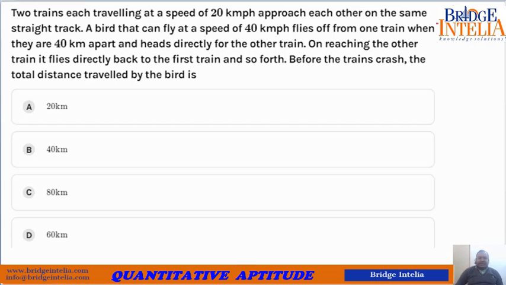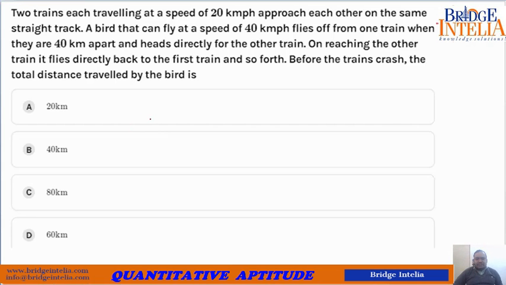A bird that can fly at a speed of 40 kilometers per hour flies off from one train when they are 40 kilometers apart and heads directly for another train. On reaching the other train, it flies directly back to the first train, and so on and so forth. So before the trains crash, the total distance traveled by the bird is equal to what?